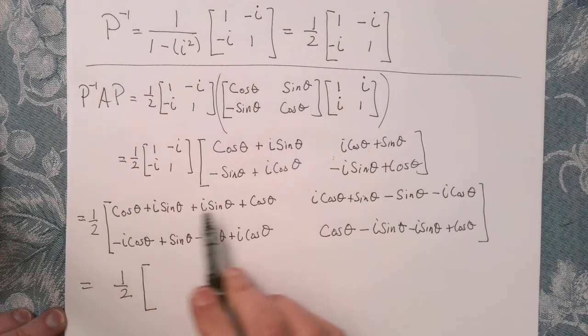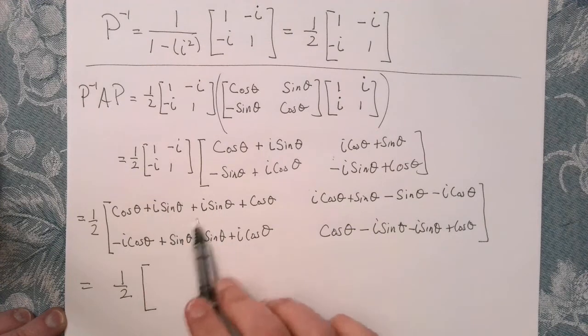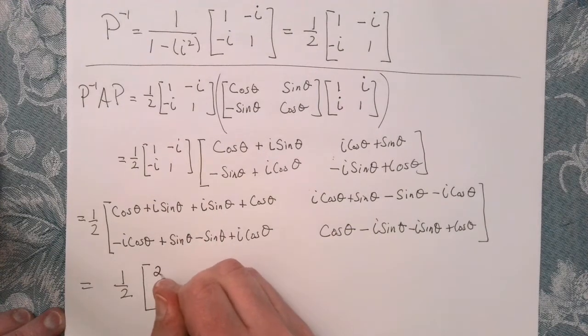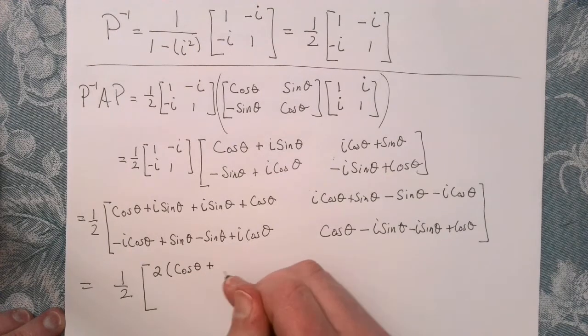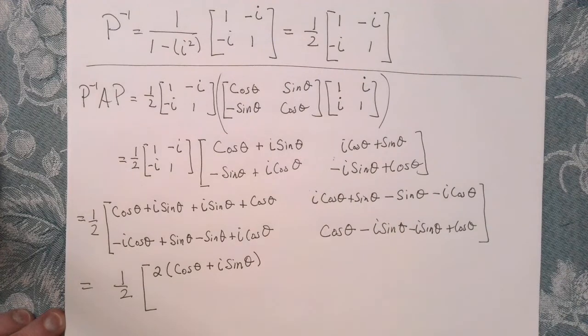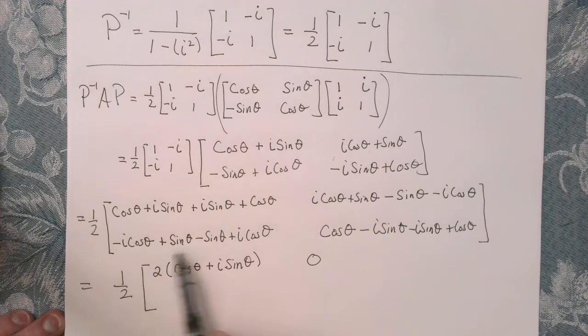Okay, so cosine plus cosine is 2 cosine. This plus this means I've got 2 copies of this, so let's call this 2 times cosine of theta plus i sine of theta. So that seems pretty nice. I'm happy with that. Now this looks like 0. These cancel and these cancel, so I'm really happy about that. And then here, let's take a look.